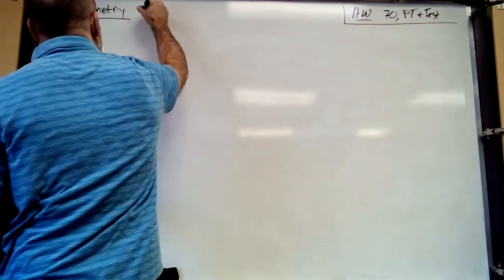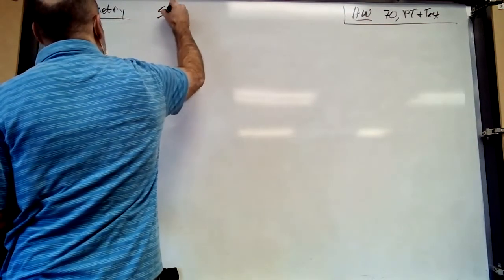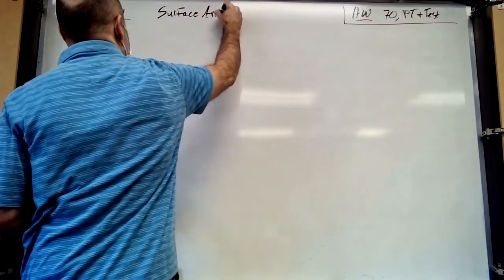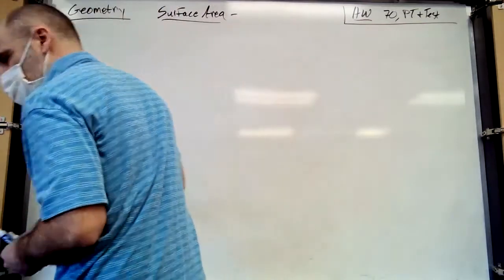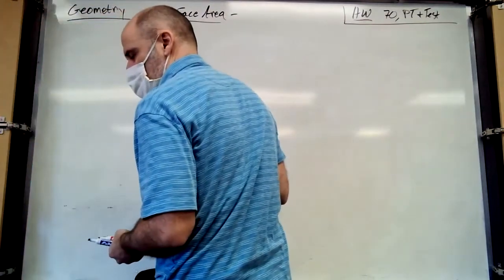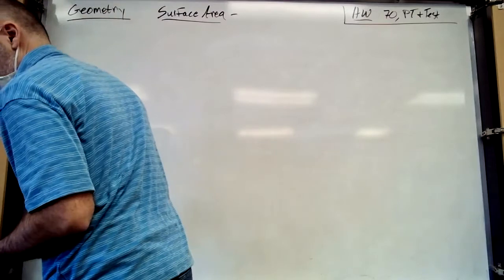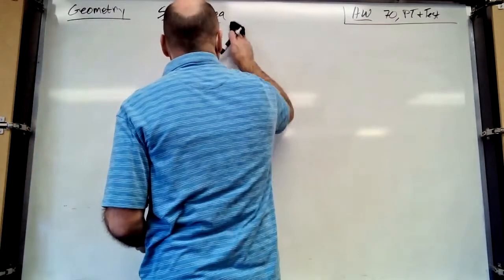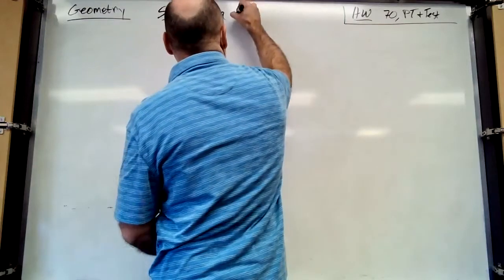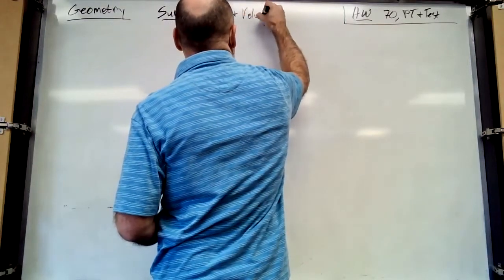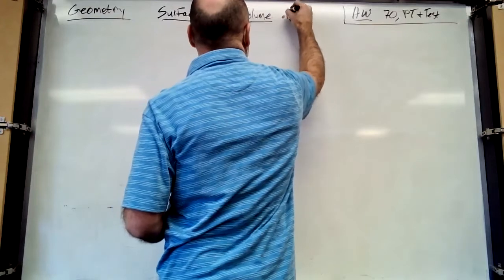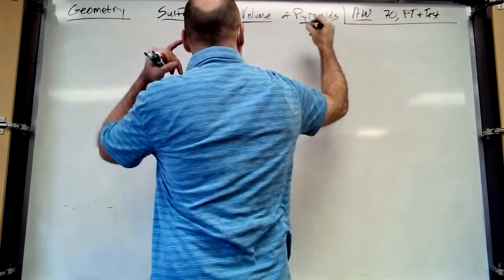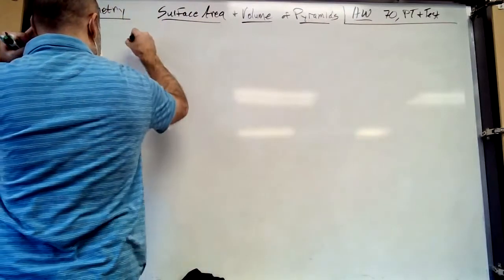Okay, this is stuff you already know. Let's do surface area of prisms and just pyramids. Surface area and volume of pyramids. Okay, so for example, here's a pyramid.